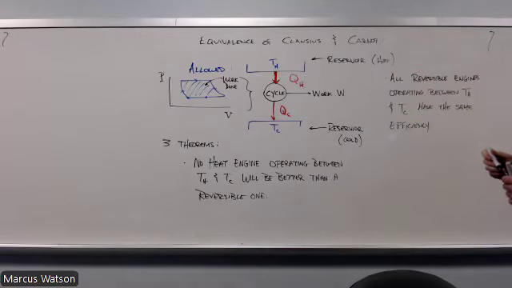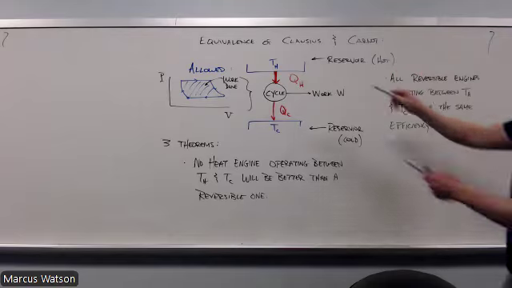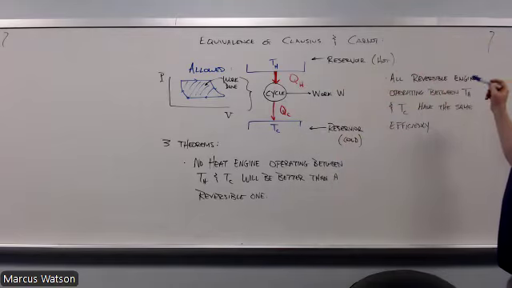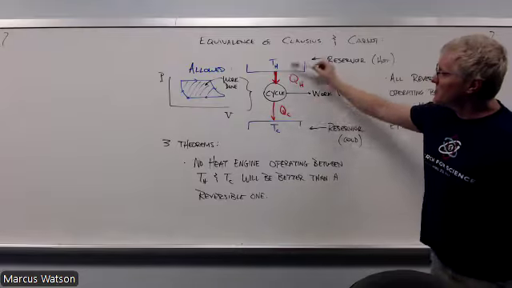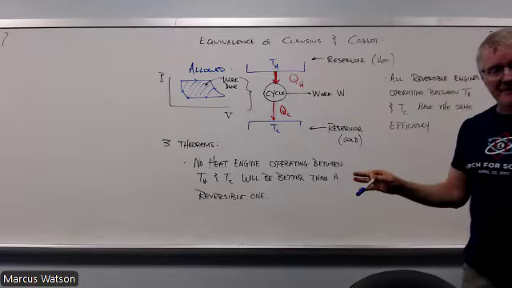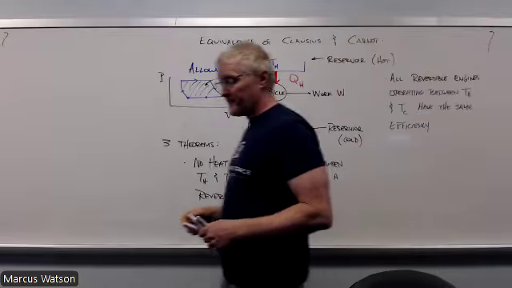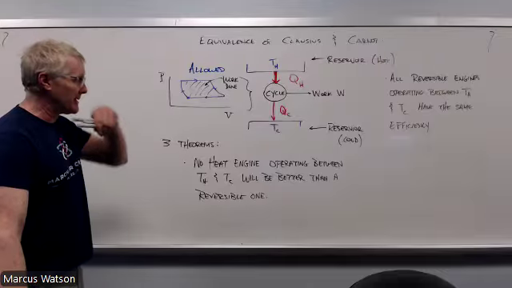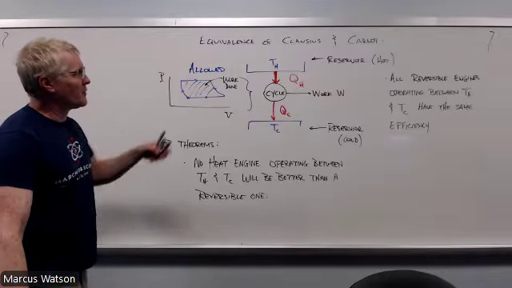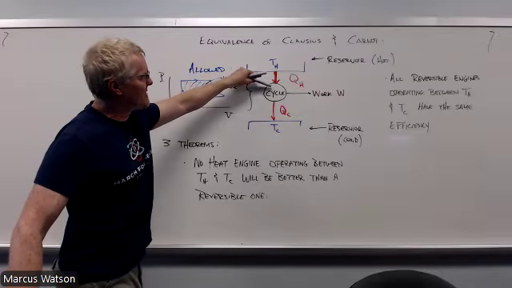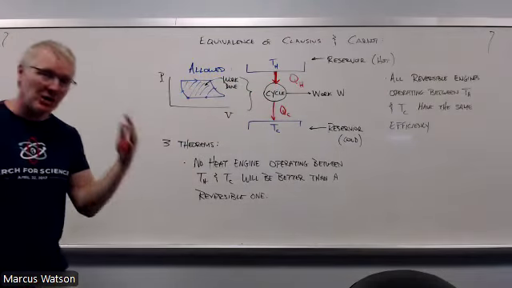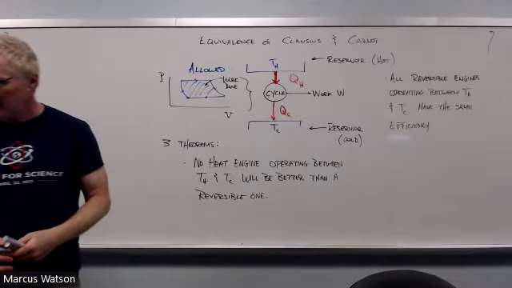So all reversible engines operating between TH and TC, and all reversible cycles, I really should say, operating between these two temperatures, whatever they are, will all have identical efficiencies, right? They have the same efficiency. So for however much heat you're putting into this, it will give you the same fraction of work out no matter what the process is, as long as it's reversible.